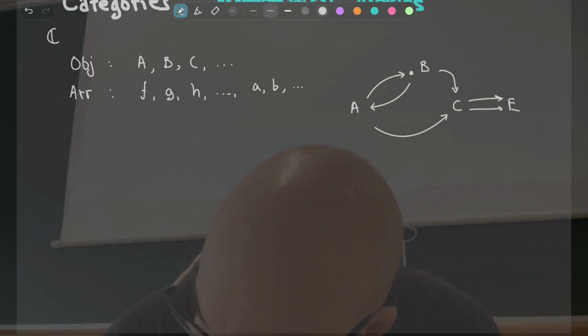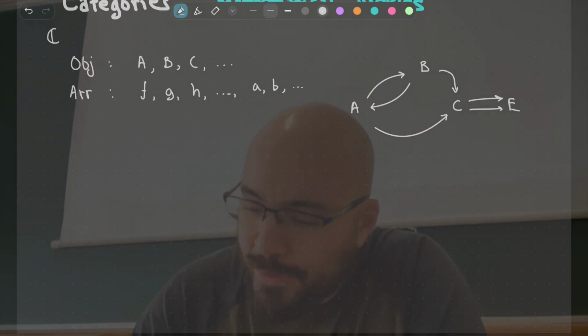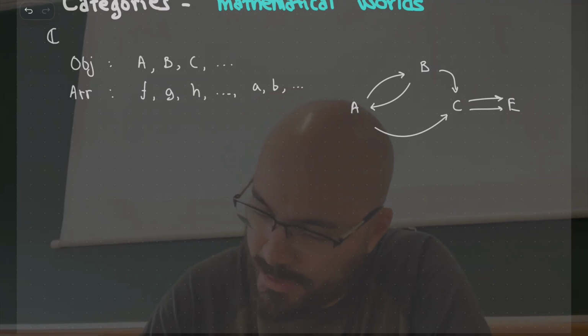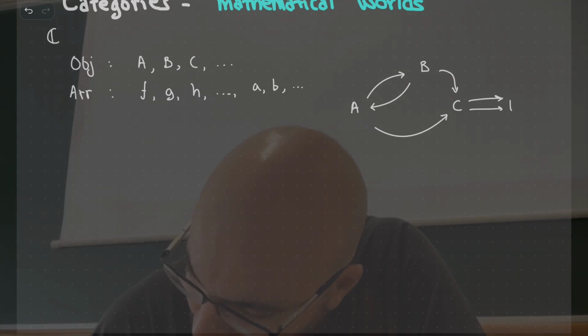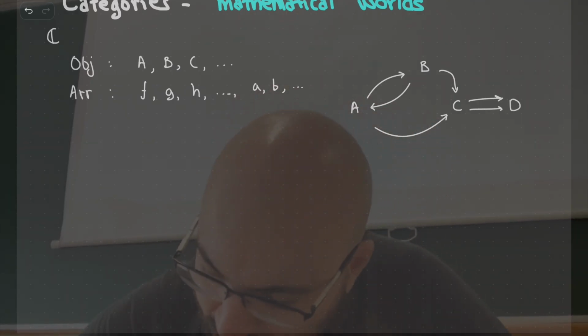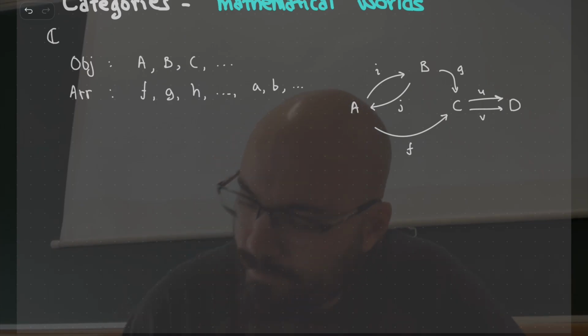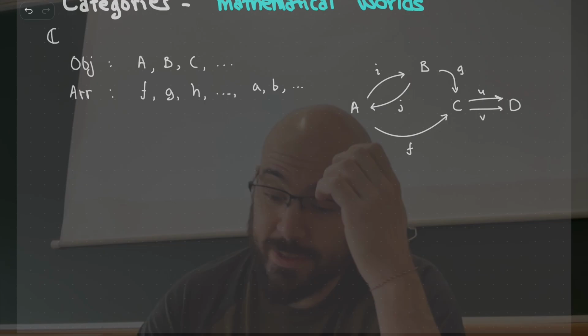So if I have some objects A, B, C, and D, and maybe these are arrows like I, J, U, V, and maybe F and G. This is how I would draw some objects and the arrows between them.